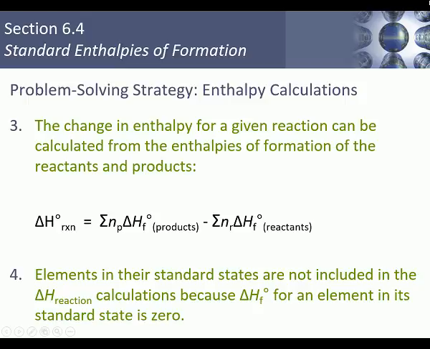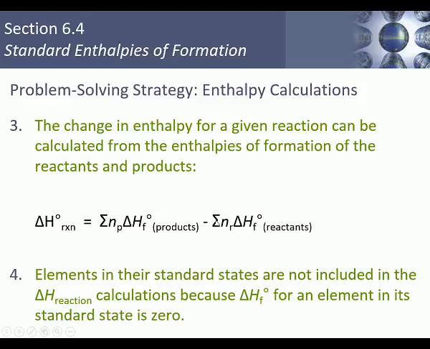Now you're going to sum all of the enthalpies of formation of the products. That's what this symbol means right here, this capital sigma. You're going to sum all of the delta Hf, the enthalpies of formation, of all of the products.